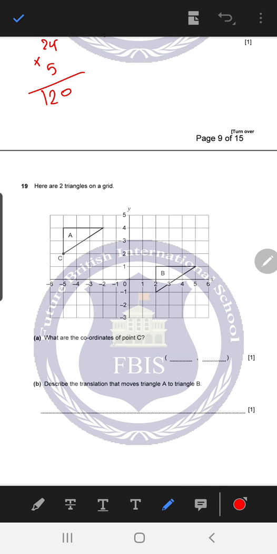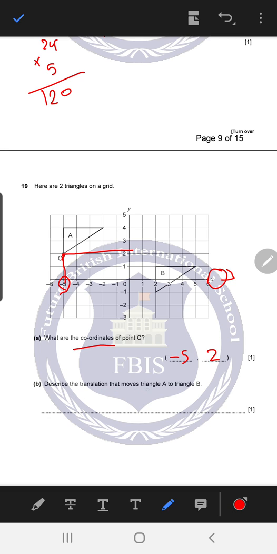Write the coordinates of the point C. Point C is here. It's -5 and 2. We get the number from the x-axis first. X-axis -5, y-axis 2.